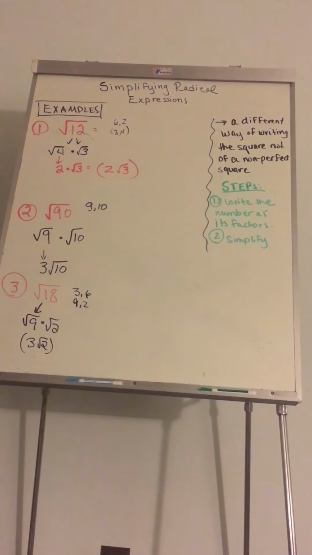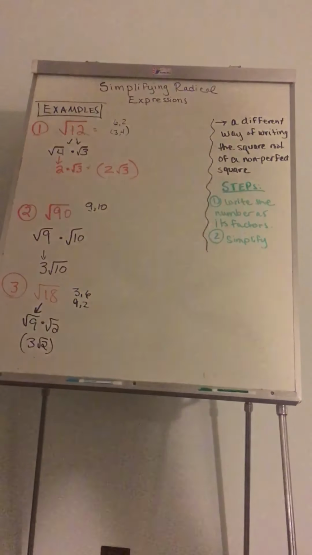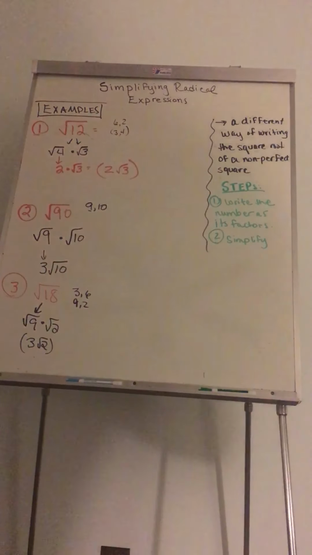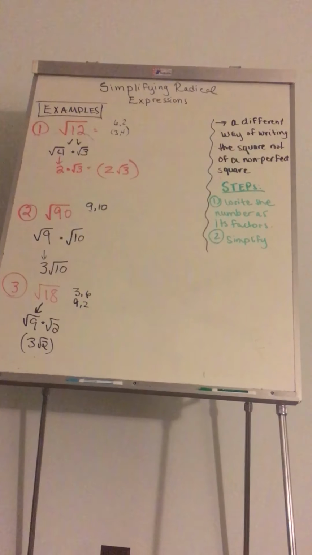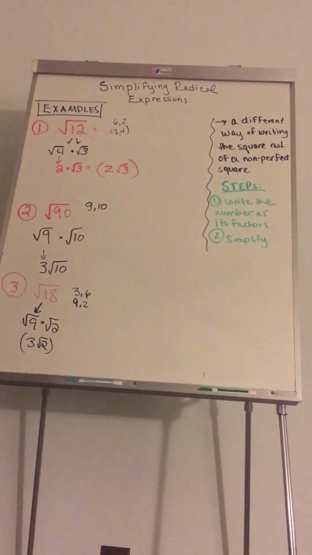A couple of other things you may have to do with this include multiplying square roots. Let me show you how to do that. If I can find my eraser, that'd be cool.